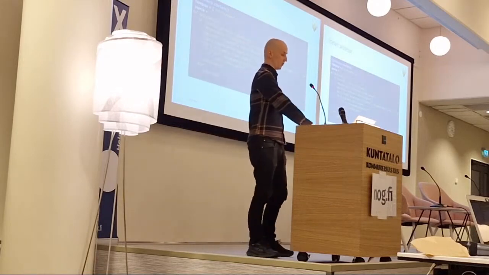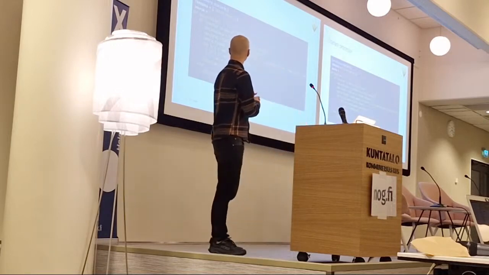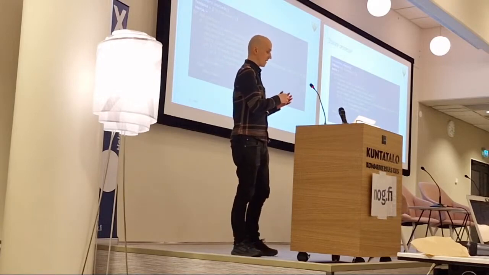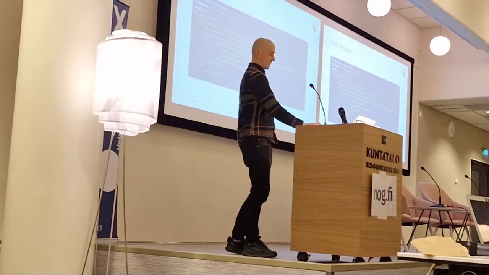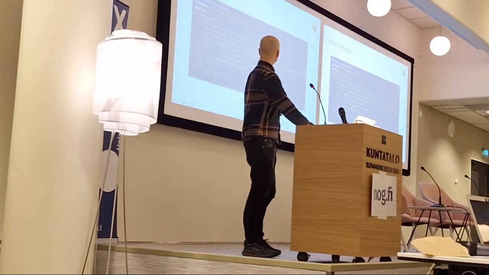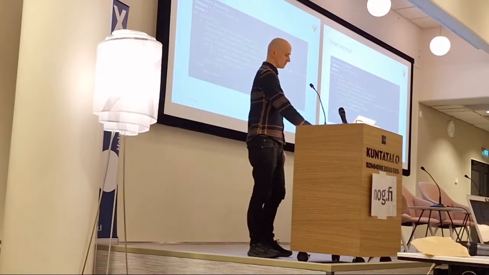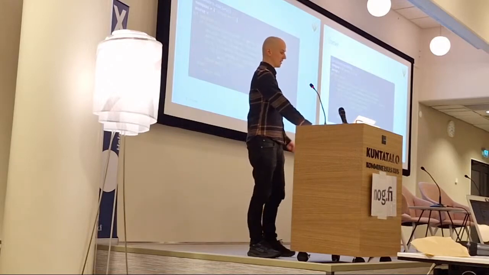For example, in this case, this is a modification for memory values to get the percentage out from them. It basically just divides the available memory by the total memory and multiplies it by 100, so you get the percentage. And the other one is to get the CPU utilization based on the CPU idle value.